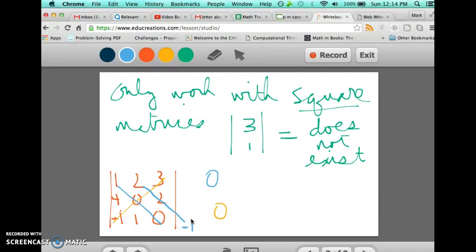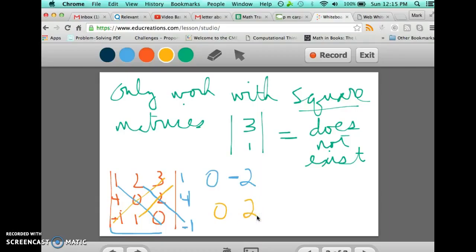Why? It comes from over here. It's like you rewrite the whole first row over here so you can do another set of diagonals. So now you have another down diagonal, 2 times 2 times negative 1, that's negative 2. You have another up diagonal, 1 times 2 times 1, that's positive 2.